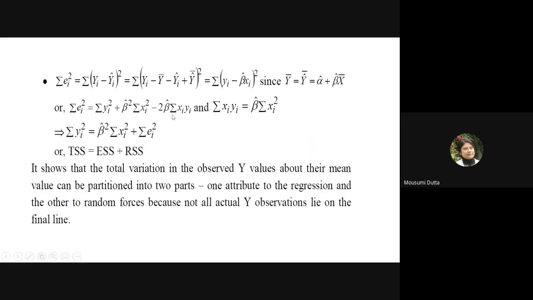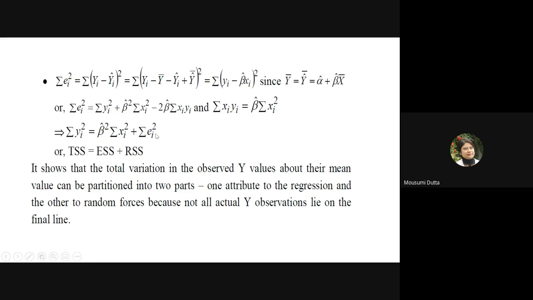So I can replace summation xi yi by beta hat into summation xi square. If you adjust, you get summation ei square is equal to summation yi square minus beta hat square summation xi square.